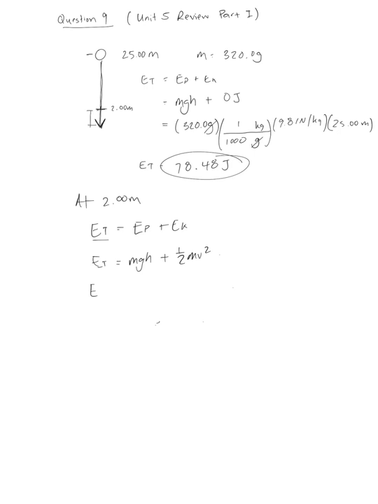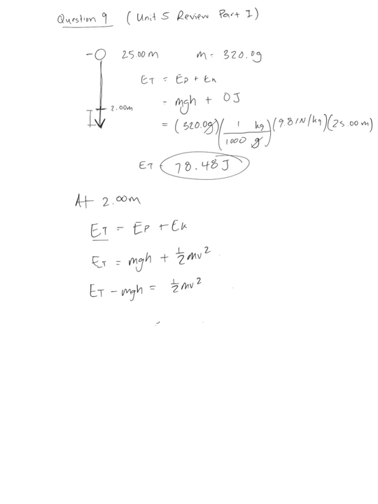So I can go like this: Et minus mgh equals 1/2 mv squared. And if I want to get v squared on its own, I'm going to divide both sides by 1/2 m.